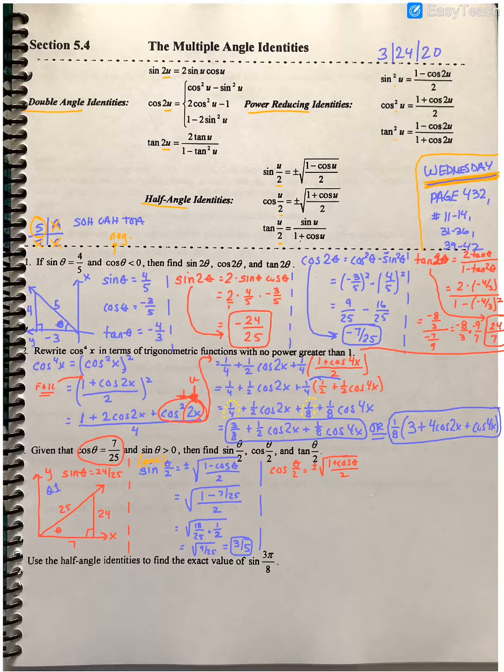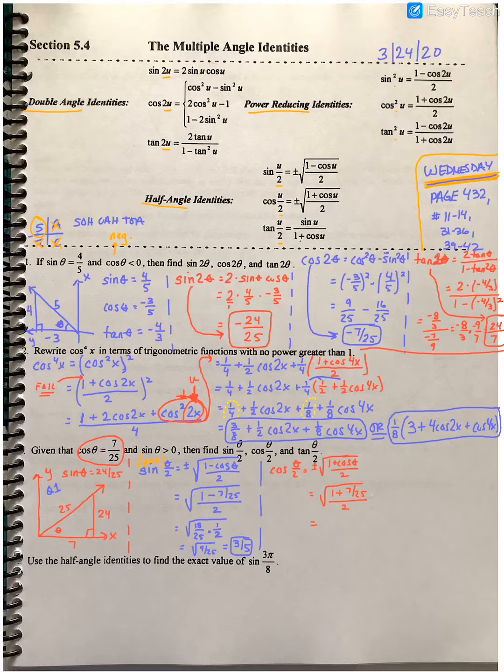Again, fill in the pieces. Remember, we're in quadrant 1. All angles in quadrant 1 will be positive, so I can drop off the negative. This is a positive square root of 1 plus, and this time it's plus cosine theta, so 1 plus 7/25, all divided by 2.